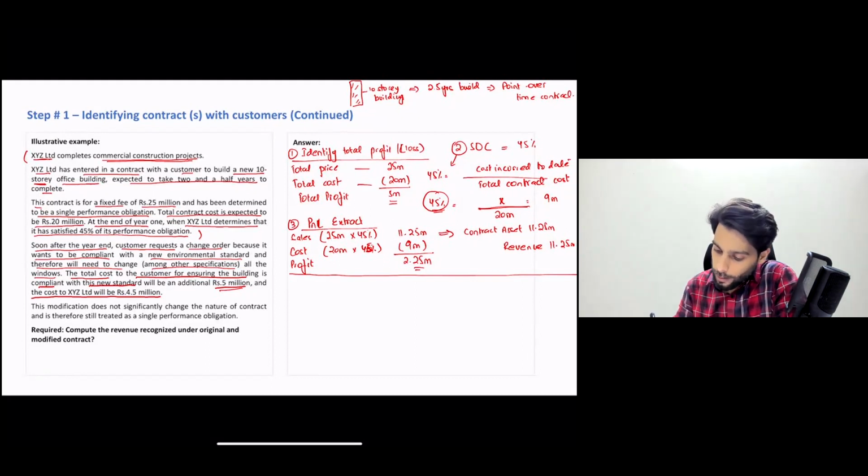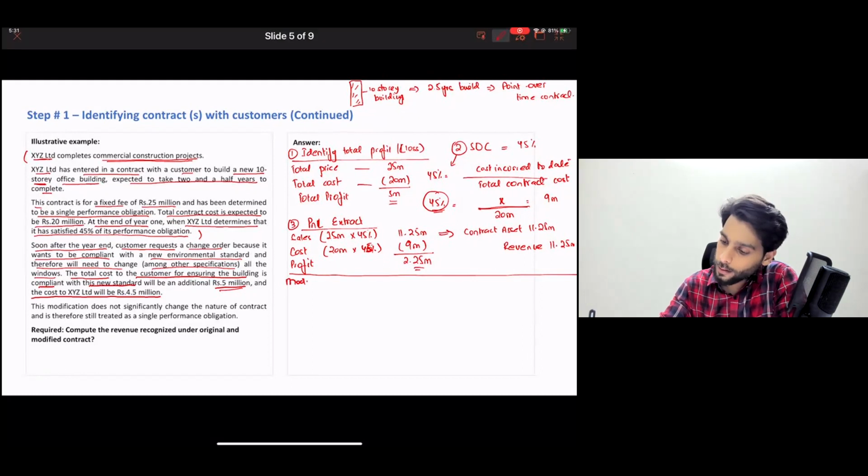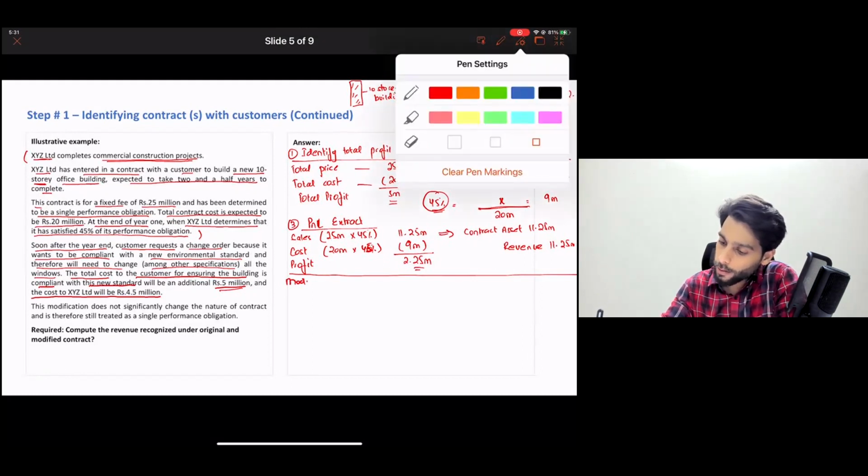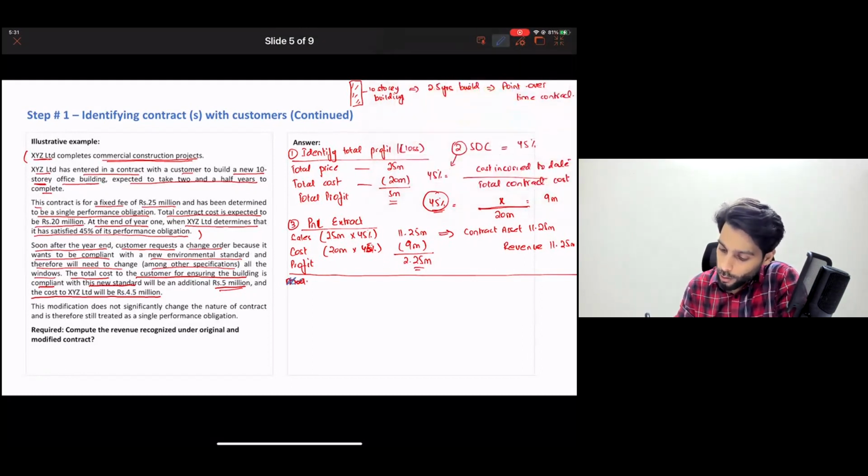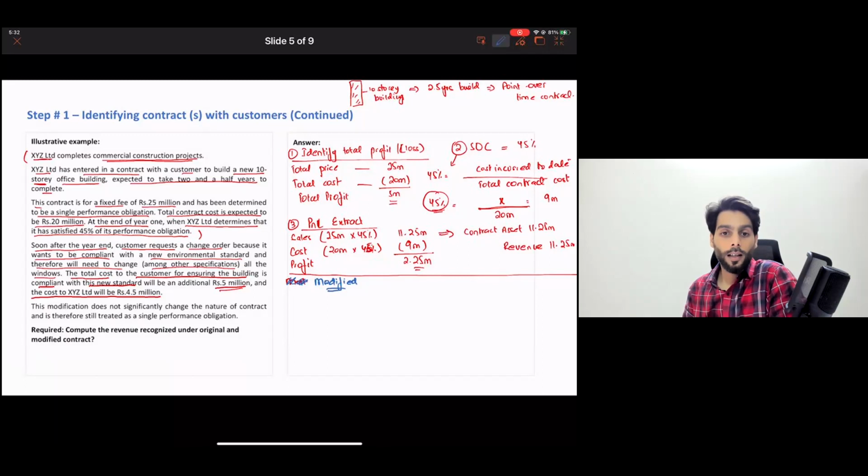So if you see the contract, I'll just change the color of my pen for the sake of clarity. So the contract has been modified. And if you think about it, after the modification of contract, what is the revised price?